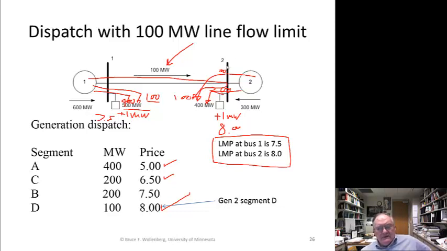The LMP is different because we say this is transmission limitation or congestion in the transmission. You can't get the power through the transmission system, so this one has a higher incremental cost than this one. That's the difference. This is a higher incremental cost than this one because of the congestion. And power is always flowing from the lowest LMP bus to the higher cost LMP bus.